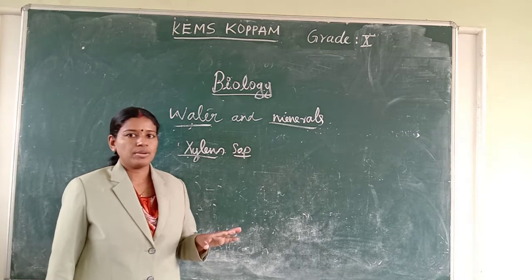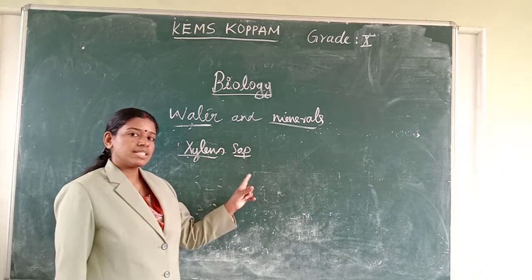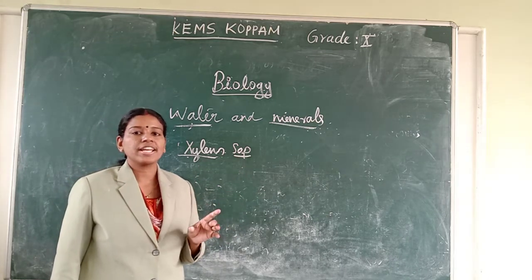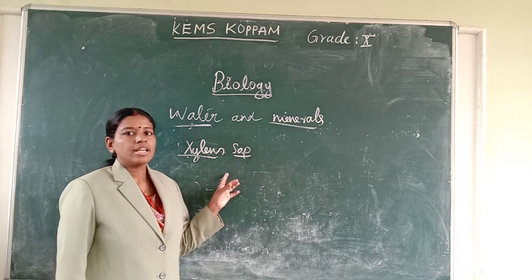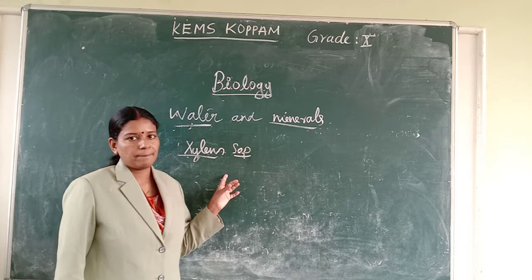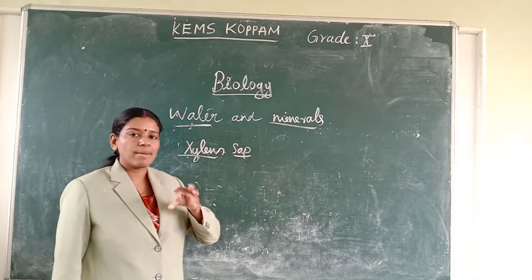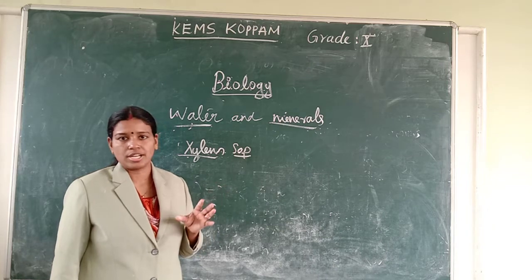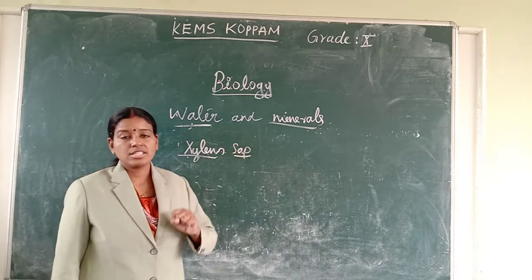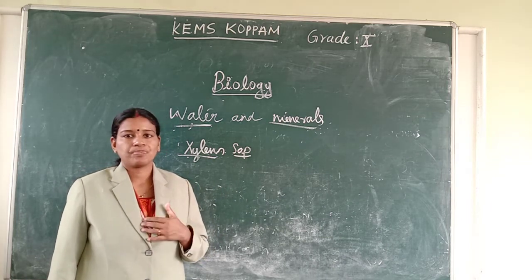The water and dissolved mineral is called xylem sap. Sap meaning this water in which minerals are dissolved. So normally roots absorb this water and it is transported through xylem tissues. This is a common thing that we know.